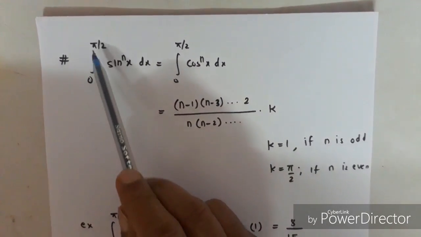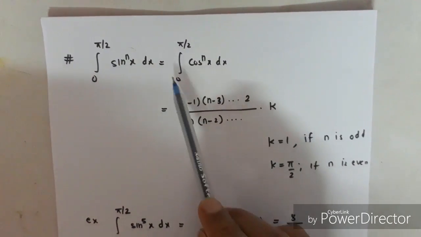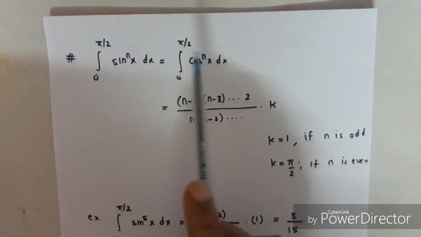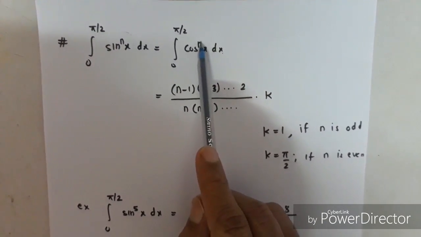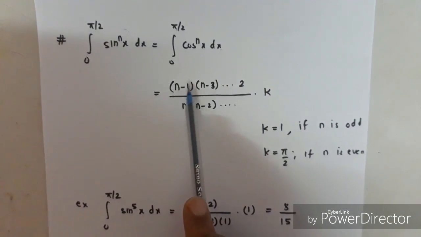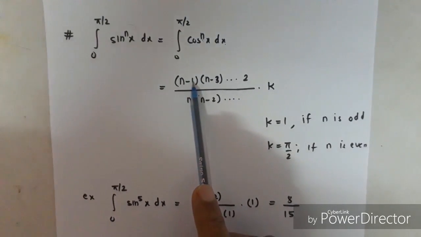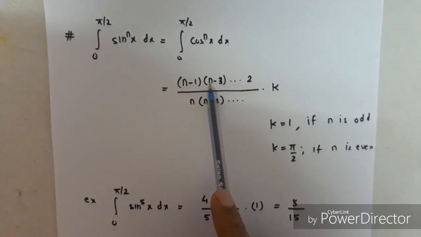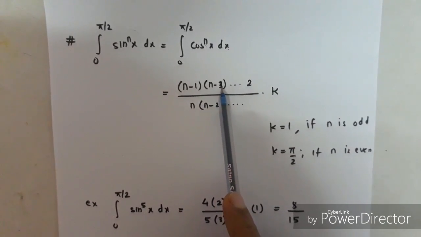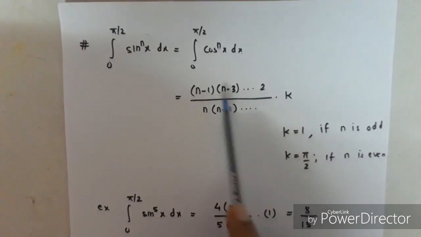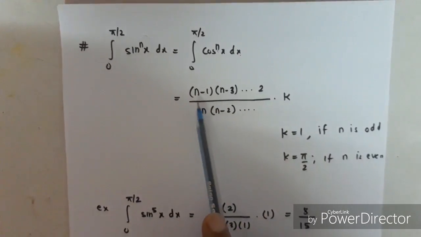If it is integral 0 to pi by 2 power of sine x or integral 0 to pi by 2 power of cos x, what you do is, if the power is n, we start with one less power. We start with n minus 1 and then decrease it by 2, it becomes n minus 3, then n minus 5, and so on till 2. That becomes our numerator.